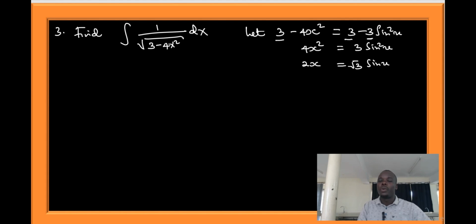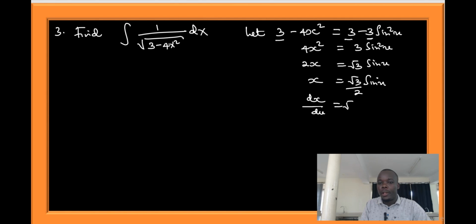And then you can differentiate, or you can first make x the subject. If you want to make x the subject, it becomes root 3 out of 2 sine of u. And therefore, from this level, you can get dx du. Dx du becomes root 3 out of 2 cos of u.